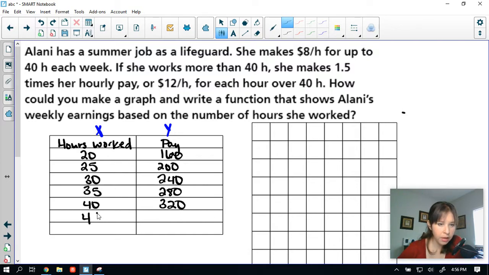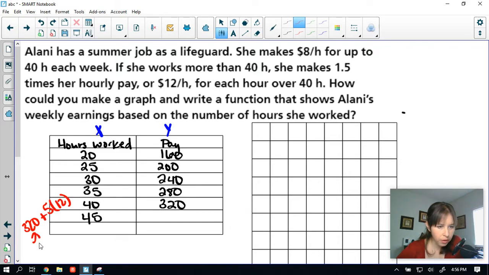45. Oh, and then here at 45 hours, we are no longer doing this by $8 an hour. For the extra 5 hours, she is getting paid 12. So in this case, we are looking at the original 320 that she received plus 5 hours times 12.